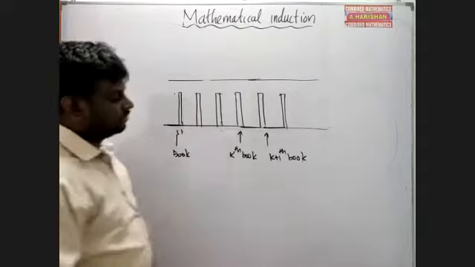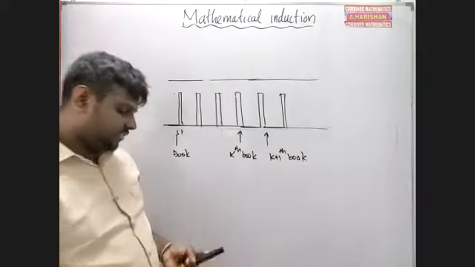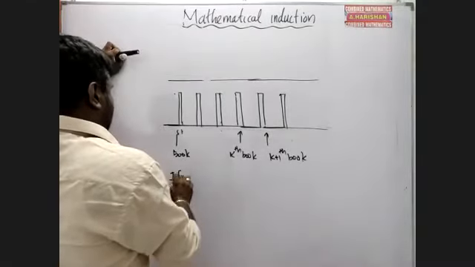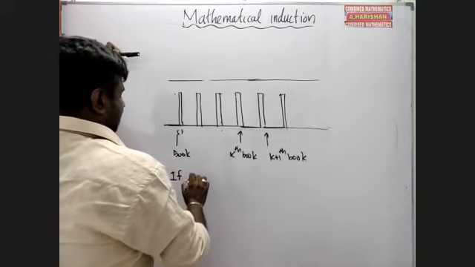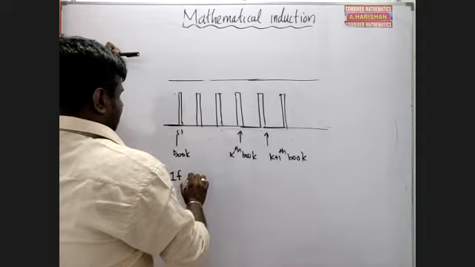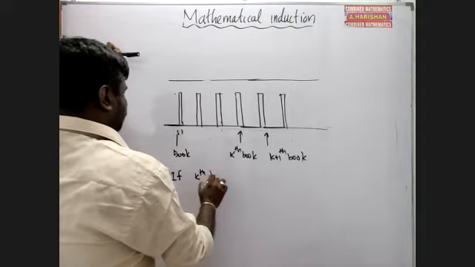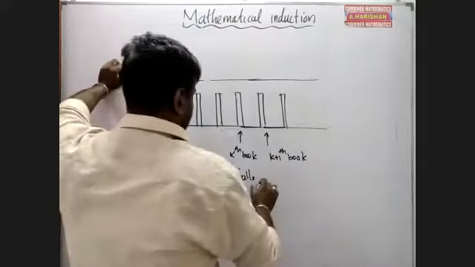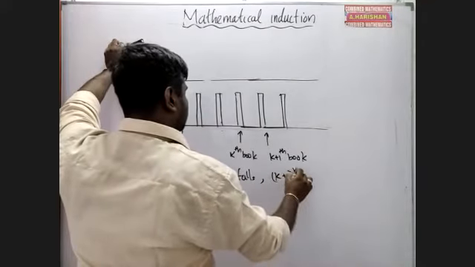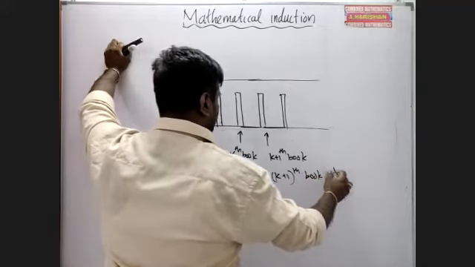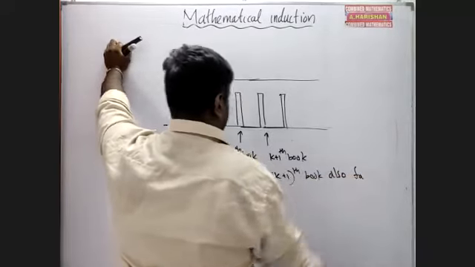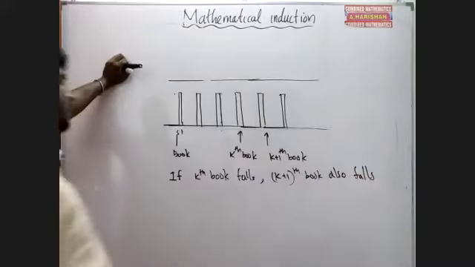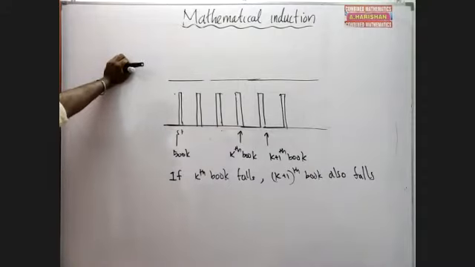If the kth book falls, then the K plus 1 book also falls.